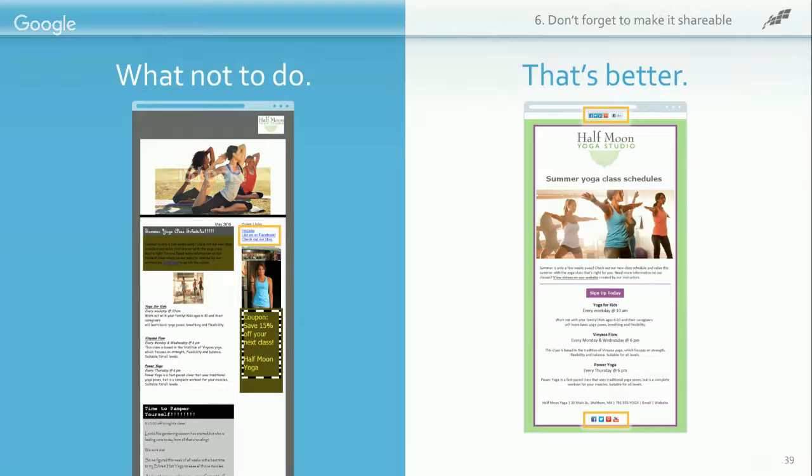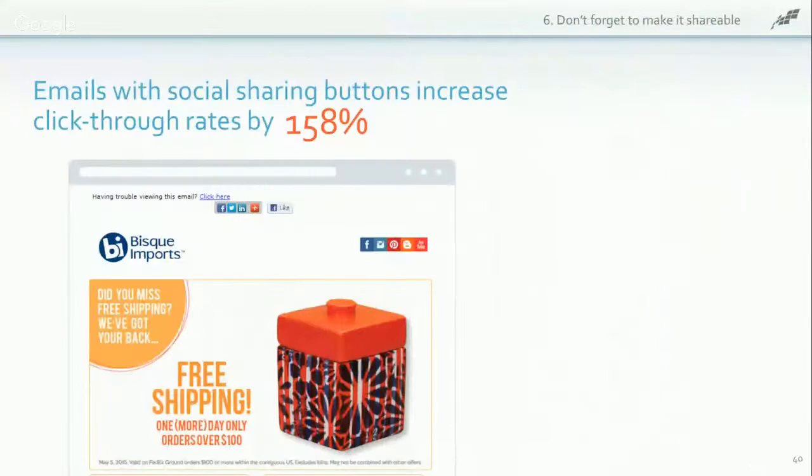78% of people will find more value in a share from somebody that they trust than something that they get cold called for. So the more of a butterfly effect we can create in our emails, the better. By and large, including a social share button like what we've got here on screen, increases your click-through rates by over 150%.